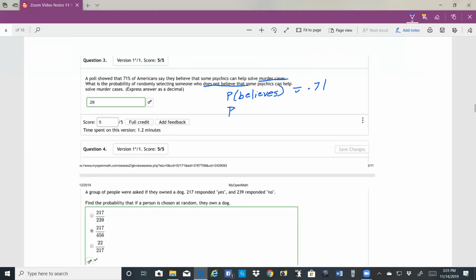So the probability of not believing is going to be 1 minus 0.71, which is 0.29. So the answer is 0.29.